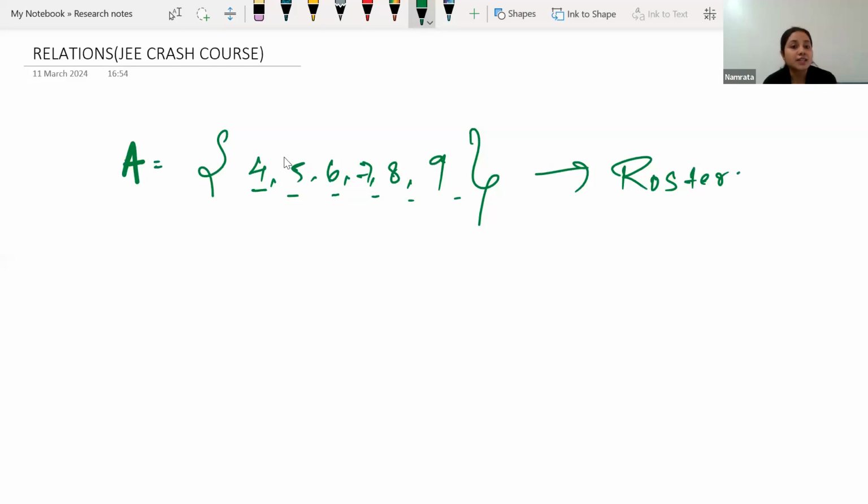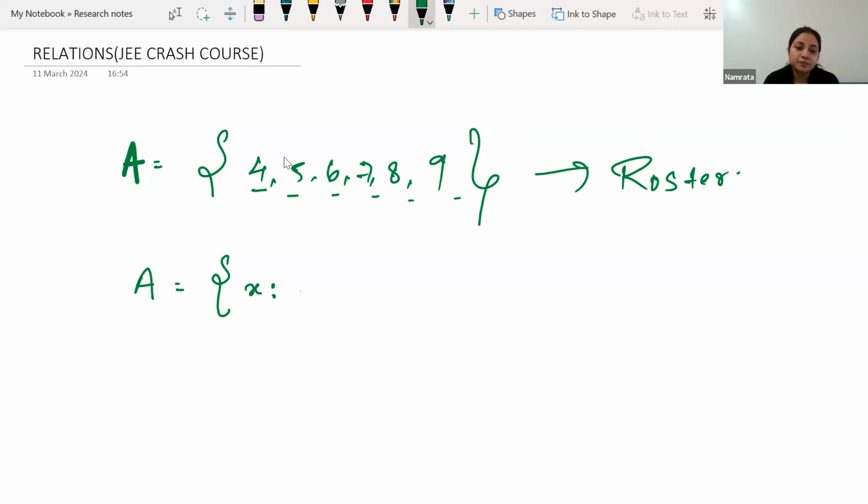How do we write it in set builder form? Set A consists of all elements x, such that now we have to see what the pattern is. Here we have 4, 5, 6, 7, 8, 9. I can see natural numbers are there, but those natural numbers have a restriction. It is less than 10, or more than 3.